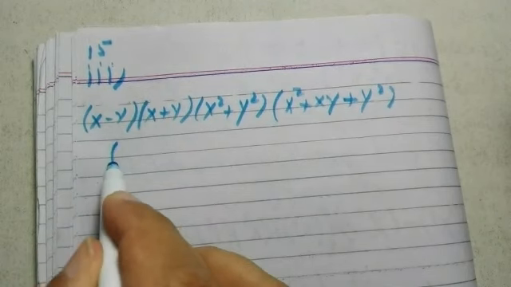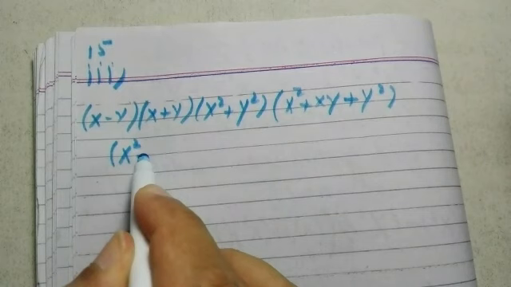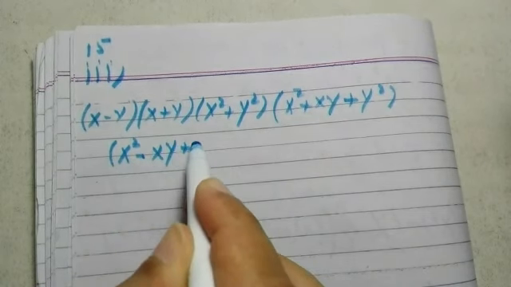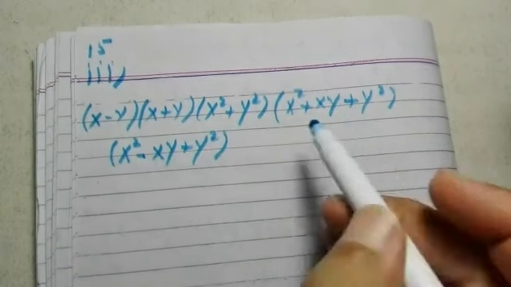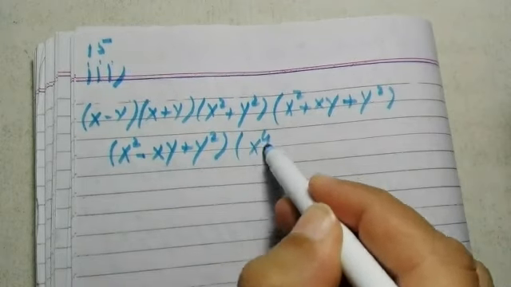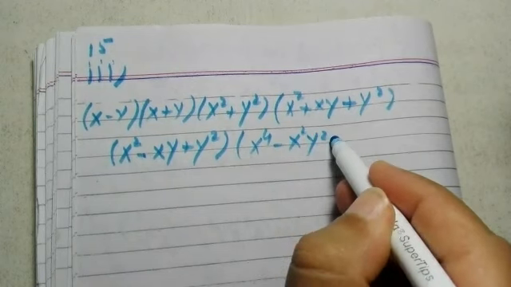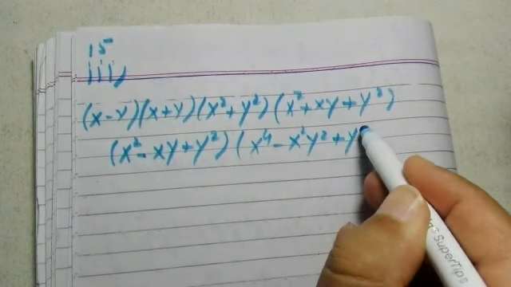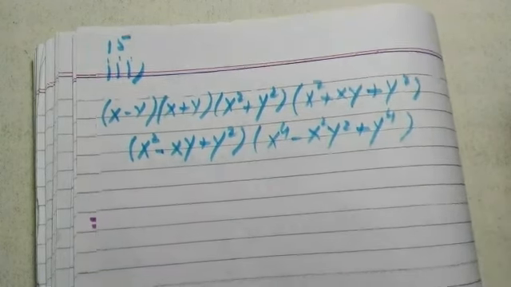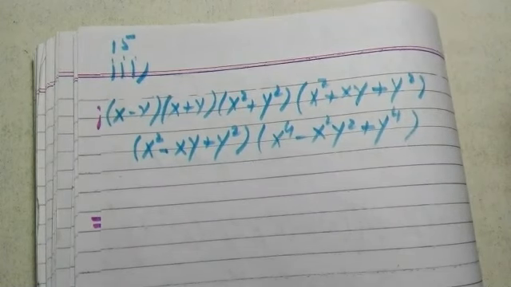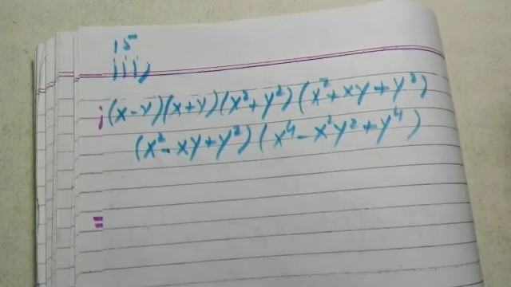Then next part, x square minus xy plus y square. And finally x4 minus x square y square plus y4. If we multiply all these brackets, the question will become too lengthy.